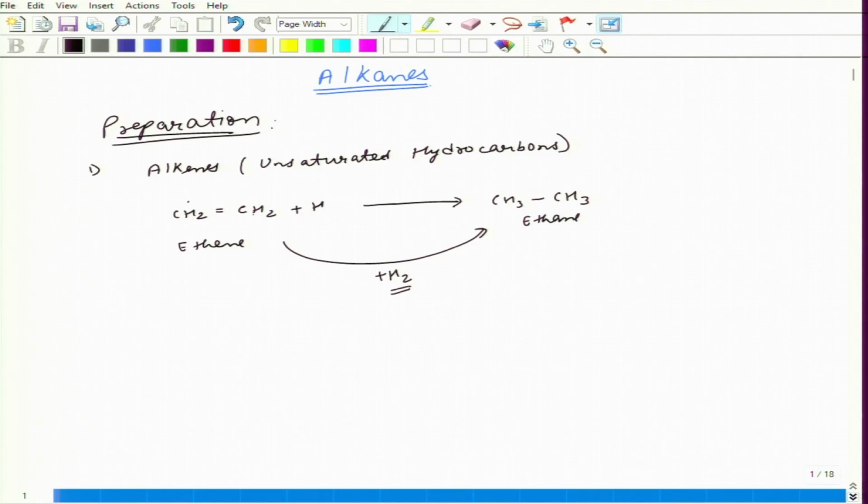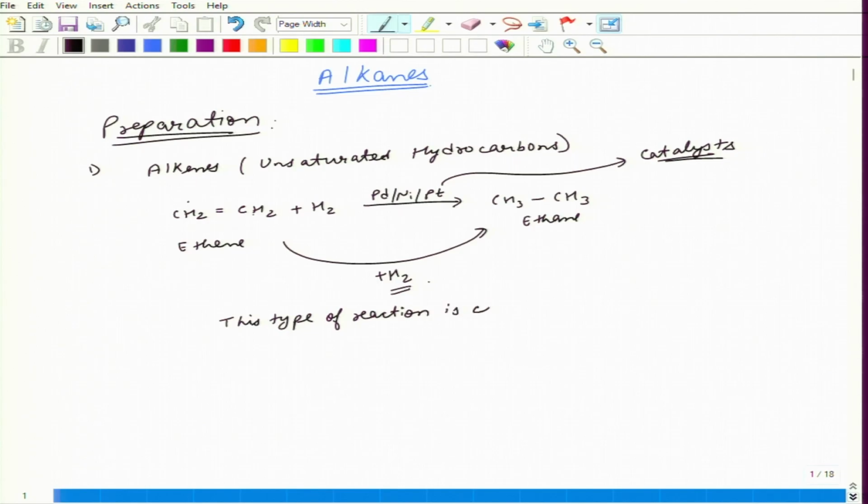To do this reaction we need a catalyst, either palladium, nickel or platinum. These are the catalysts we use, and we add hydrogen. This type of reaction is called hydrogenation.